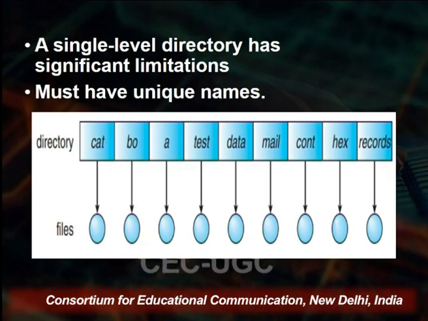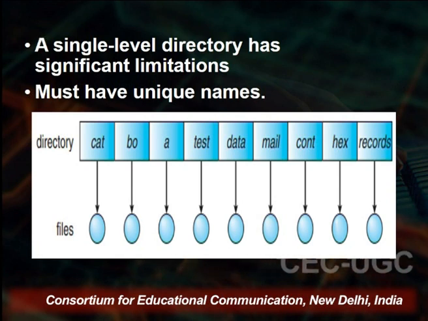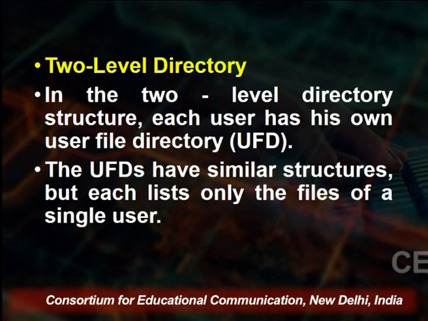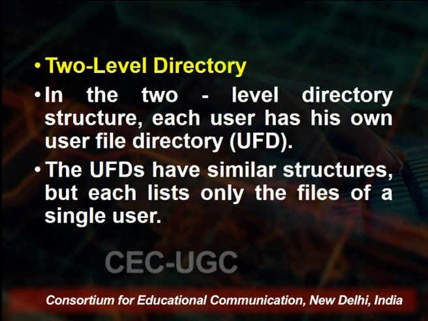As you can see, there is a directory and all the files are stored in it: records, hex, cont, mail, data, test, everything inside the single directory. As the number of files becomes huge, this single level directory becomes unmanageable, because having everything messed up inside a single directory won't go along too long.